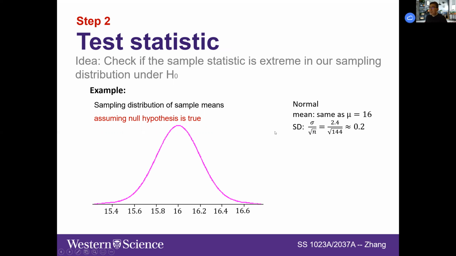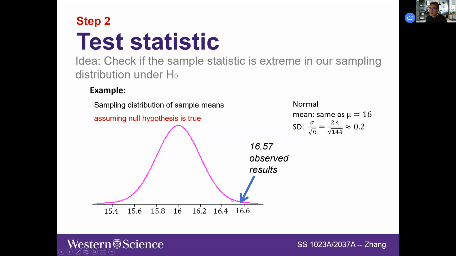So based on this idea, we could work out the sampling distribution. We know it's centered around 16, and it has a bell shape because it's a normal distribution. And then we look at where our data is located in the sampling distribution. Our data is 16.57. If you look it up in our distribution, you will see that it is actually quite far away from the center, right?